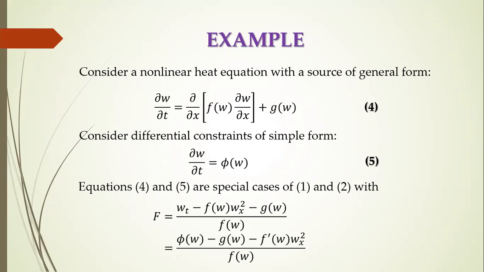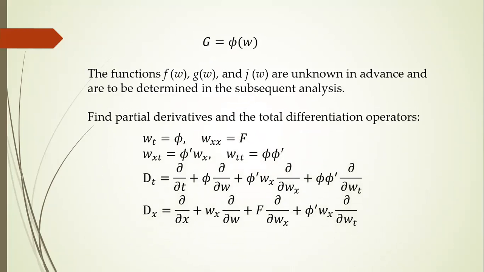Equations 4 and 5 are special cases of 1 and 2 with F = (f(w) w_x² ... ) and G = phi(w).